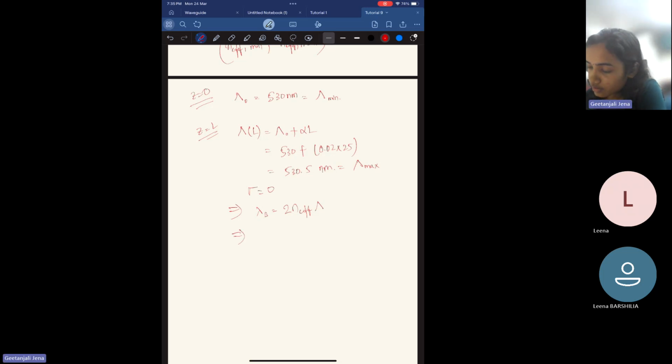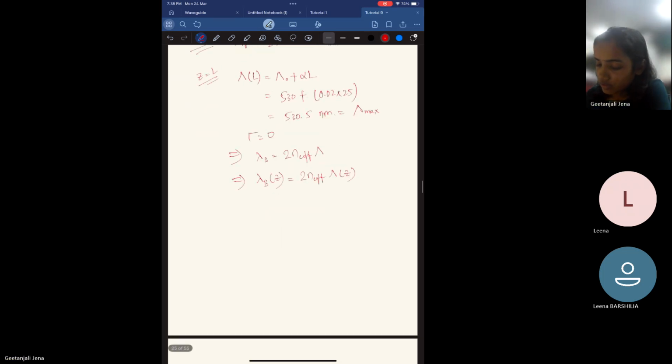So for a chirped fiber Bragg grating, we have lambda b varying along z. So n effective will be lambda b(z) divided by 2 times the grating period.